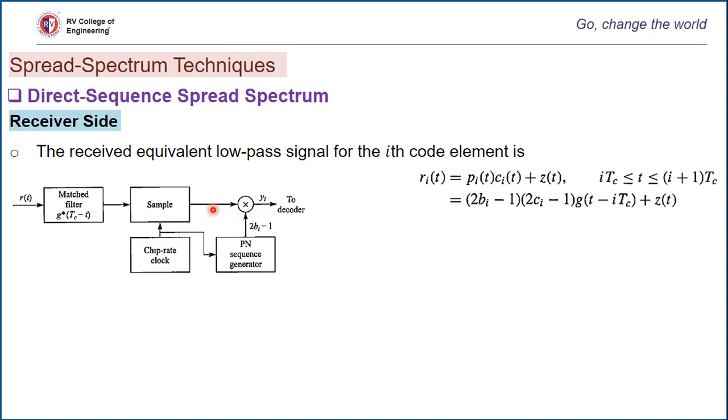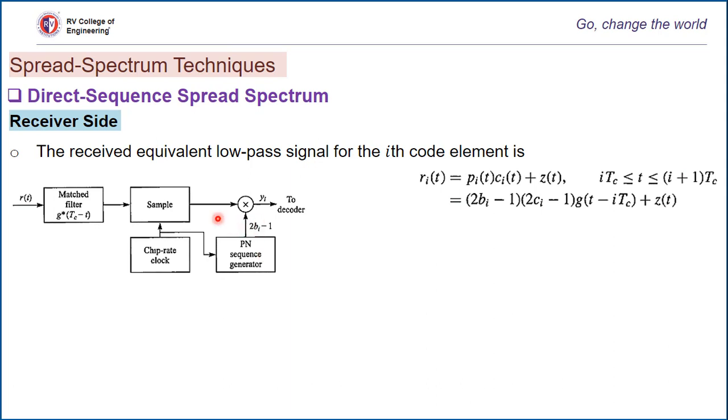This is a sample output of the matched filter. It is multiplied with 2Bi minus 1, which comes from another PN sequence generator at the receiver side, properly synchronized with the generator at the transmitter.